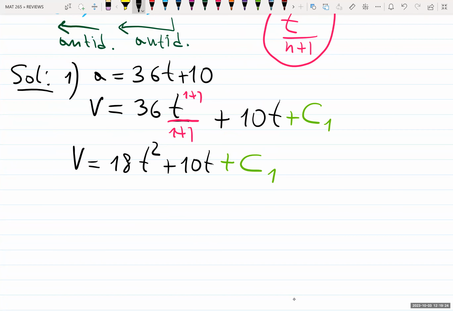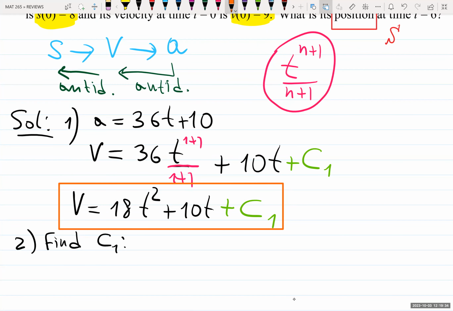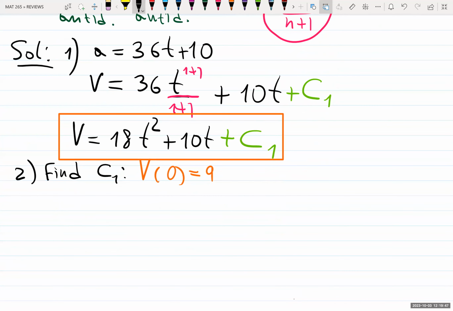That was step 1. Step 2, find C1 using the initial condition. Let me put this in the box because this is important. We found V. That would be the nice answer unless they told us to continue, and they did tell us to continue. The initial condition for V: V at 0 must be 9. The process is the same as before.